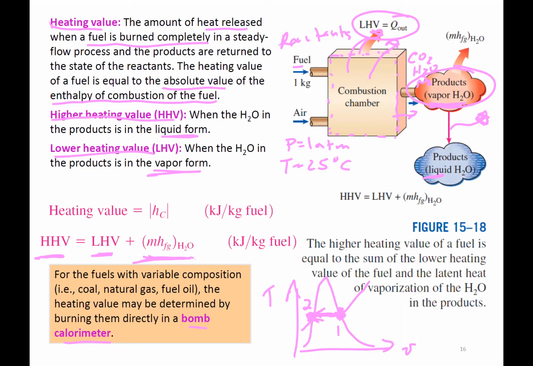So they measure the temperature change of the water to measure the heat released by the reaction chamber, because it's easier to measure that, and the temperature increase in the water is due to the heat released from the combustion.